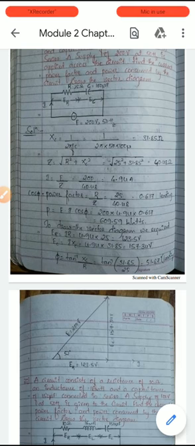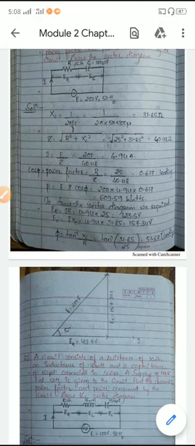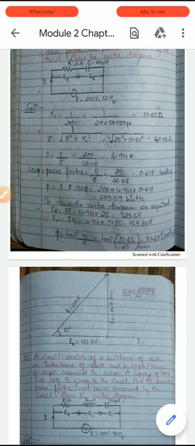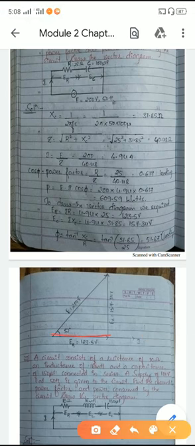If you take 1 centimeter equal to 25 volts, then 123.5 will be approximately 5 centimeter, and this one will be 6 centimeter.